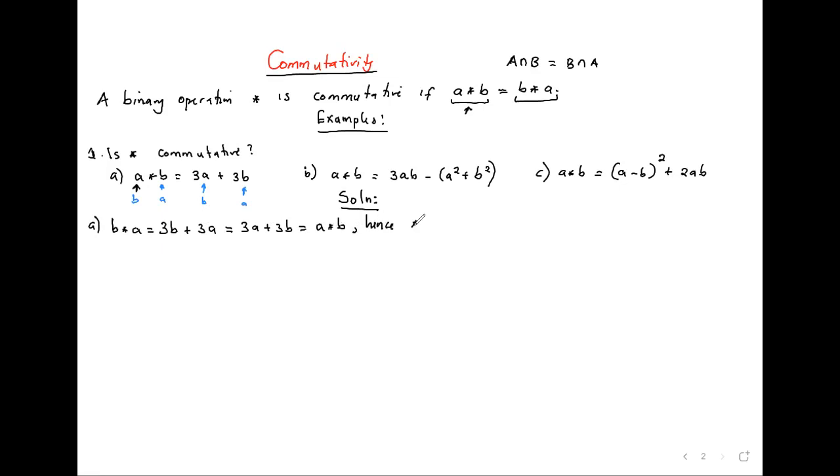Hence, star is commutative. You just want to see if this is the same value that you are getting. This is your question. This is b star a, but they are equal to a star b.